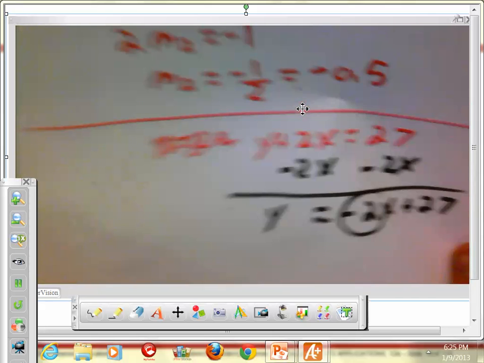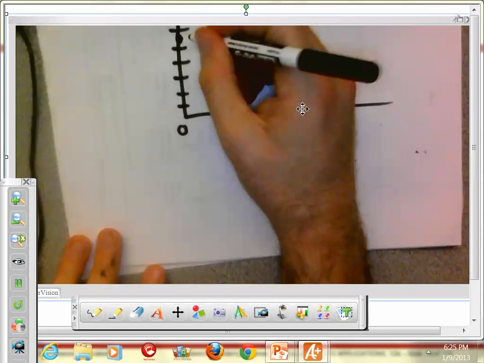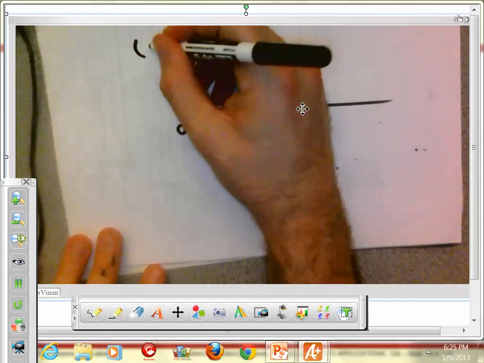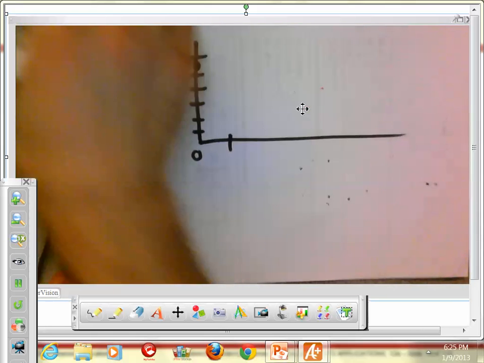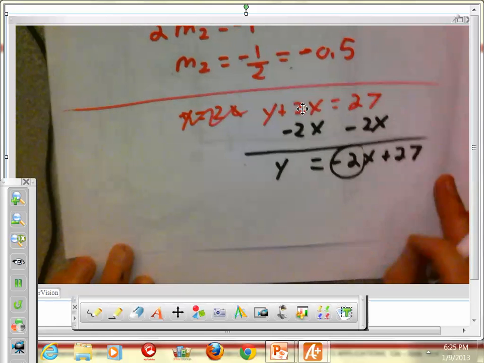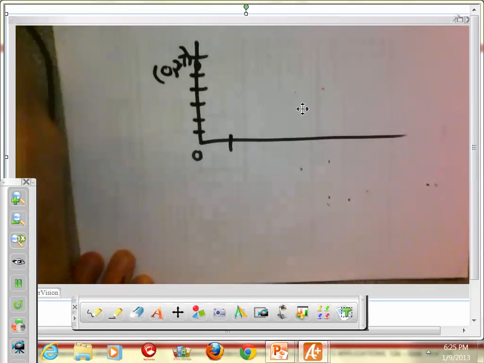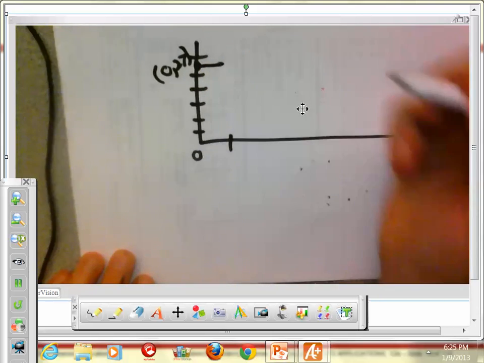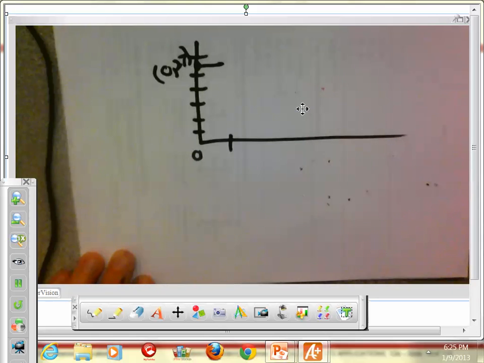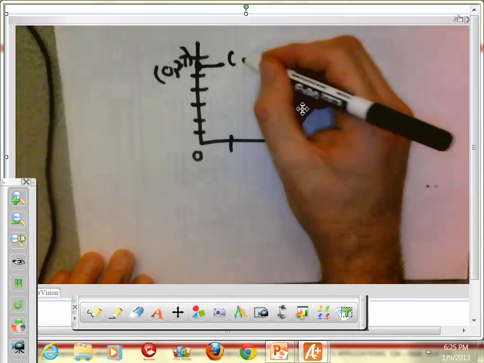So if I start at the point over here, which is 0, 27, because my y-intercept is 27, then that tells me if I go 1 in the x direction, so now my x-coordinate is what? If I start at 0 and I go forward 1, what is my x-coordinate? Yeah, it's going to go down 2. So I'm going to go from 27 to 25. So this is going to be the point 1, 25.